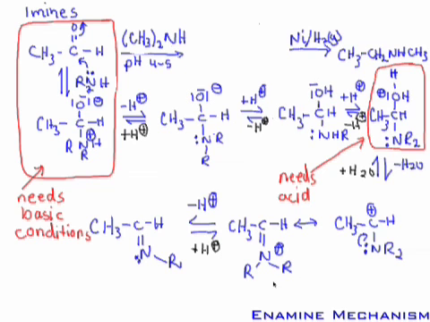We've got a resonance stabilized iminium ion, but then we have a problem. This last step: there's no proton on the N to pull off. We can't take H plus off of the N. This cannot form. So what forms?